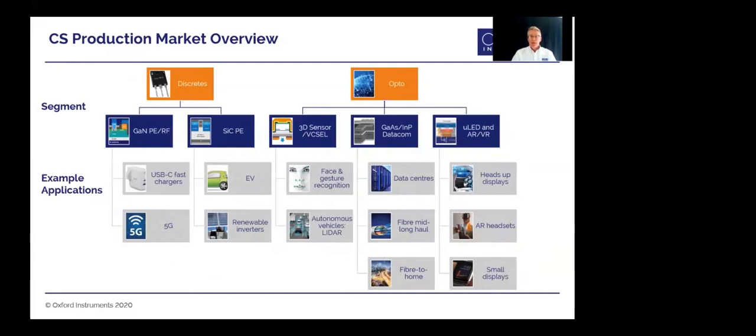As I said, for example, fast chargers based on gallium nitride devices, electric vehicles using silicon carbide technology, facial recognition through 3D sensors, VCSEL-based gallium arsenide, AlGaAs-based materials, and so on and so on. So the world market drivers are really dependent on the performance that compound semiconductor materials can achieve.